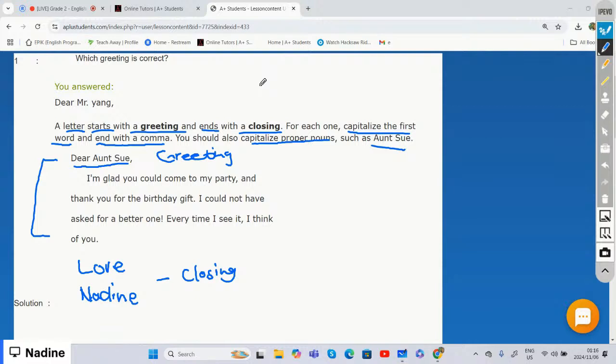We need to capitalize the first word, but you also need to capitalize all the other proper nouns: names of people, names of places, names of pets. Like I said, here we have an example of how we greet or start, but also how we end.